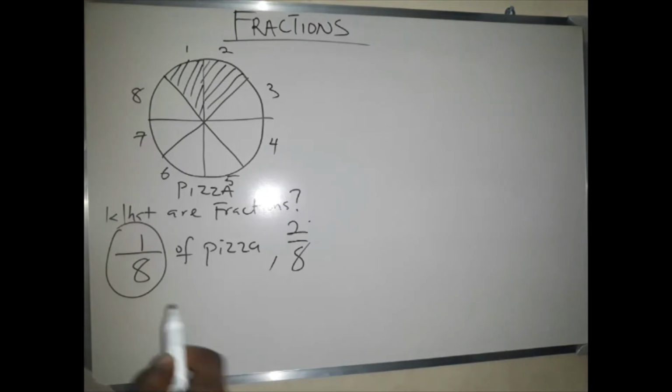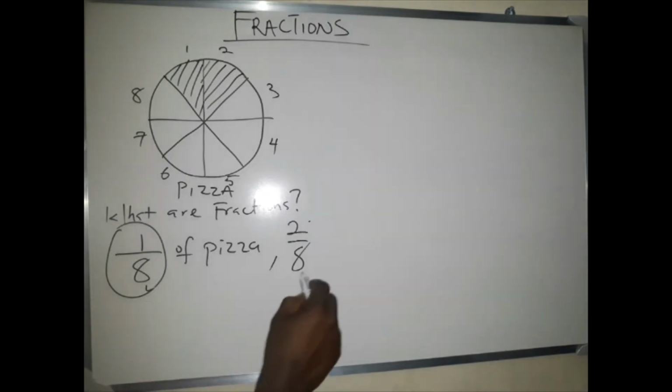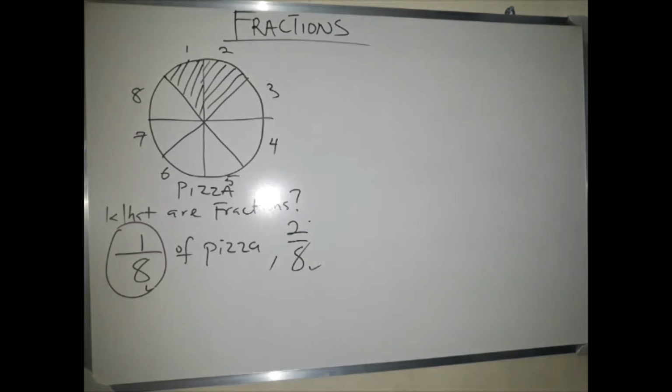Notice that the bottom number here does not change. The bottom number just refers to how many pieces or slices of pizza there are, while the top number is telling you how many pieces of pizza you have taken out of the number that it was divided into.